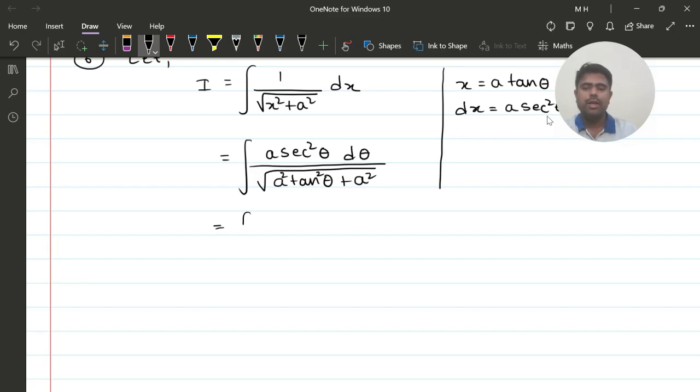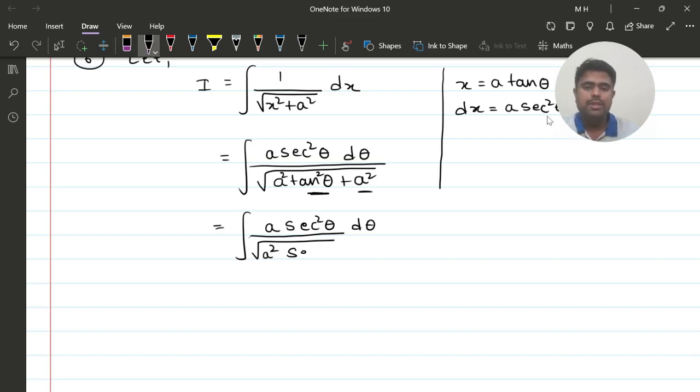This is equal to the integral of a sec square theta d theta divided by, see, we have done such calculations before, so I will not explain it too much. Taking a square common, I will be left with tan square theta and 1. What is 1 plus tan square theta? It is sec square theta.